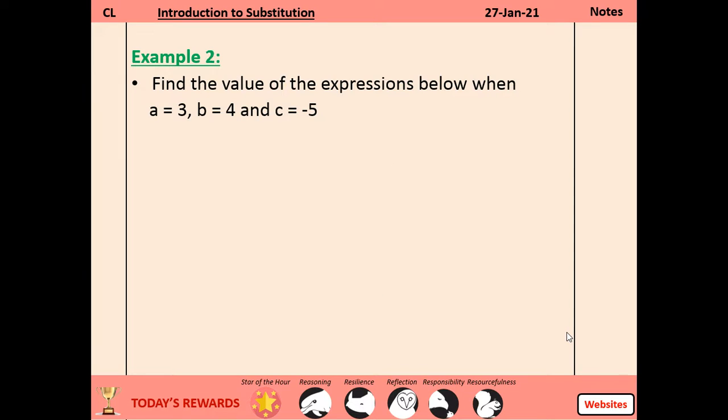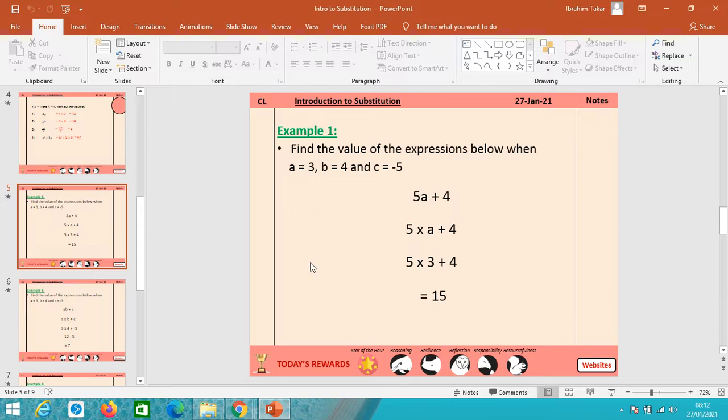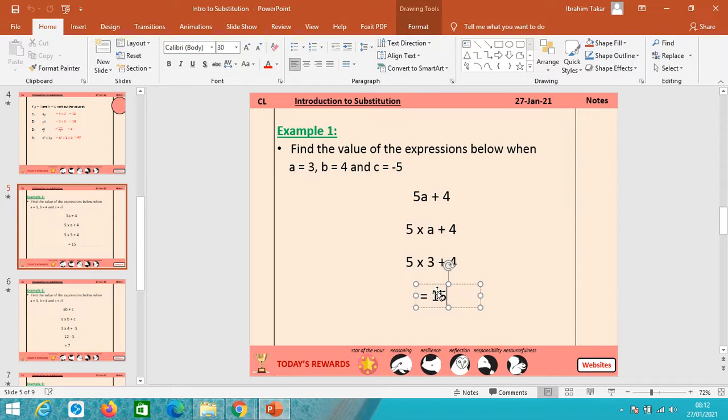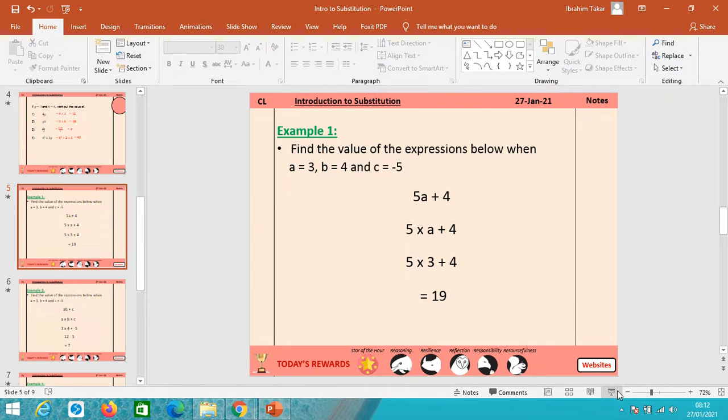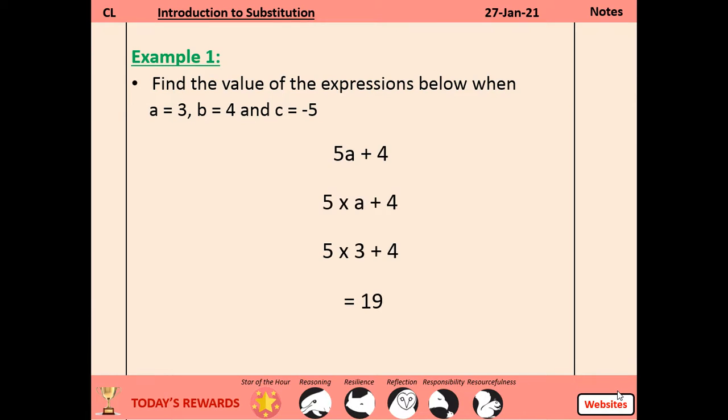And then you're going to add the 4, which is going to give you 19. Sorry about that. 5 times 3 is 15, and then you add the 4, it's 19.